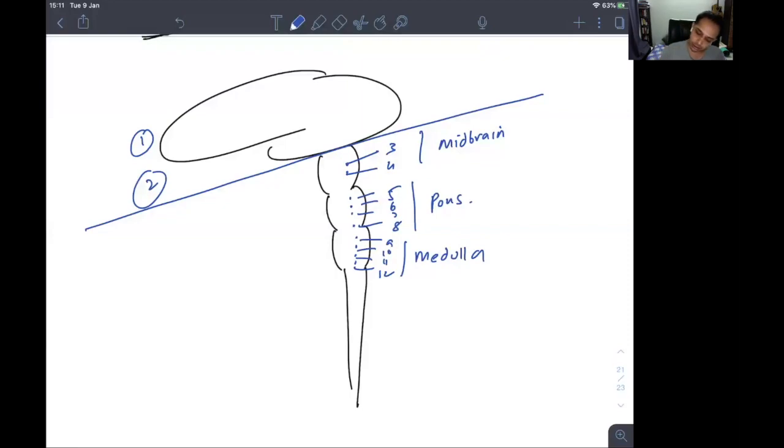And usefully enough, all of them are at the back of the brainstem. So that is the dorsal part of the brainstem. And roughly all of them are in the midline. Okay.